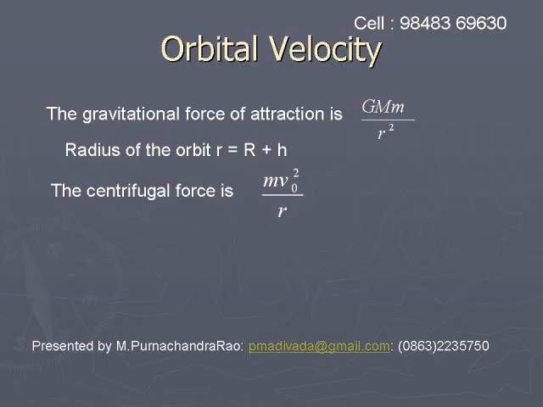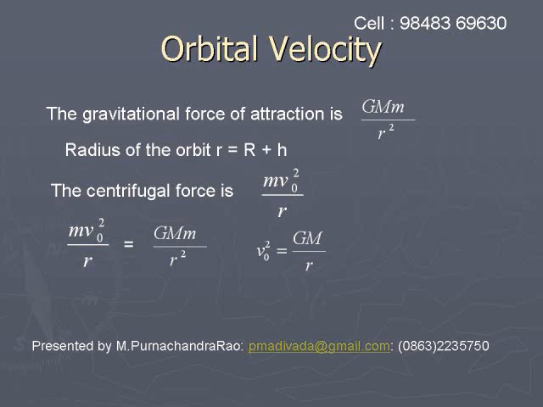The centrifugal force is given by m v0 square by r, when the orbital velocity is v0. The condition for orbit is centrifugal force is equal to gravitational force of attraction. Therefore, m v0 square by r is equal to G M m by r square.